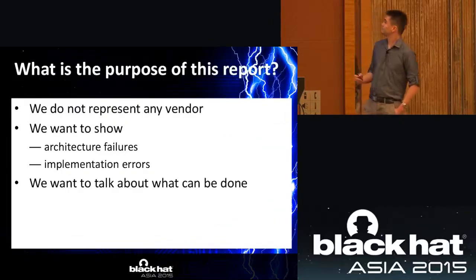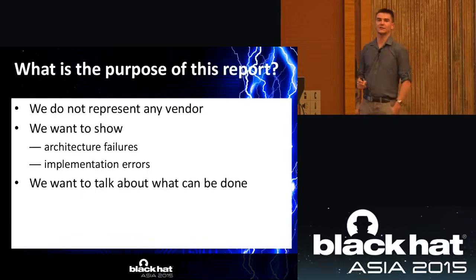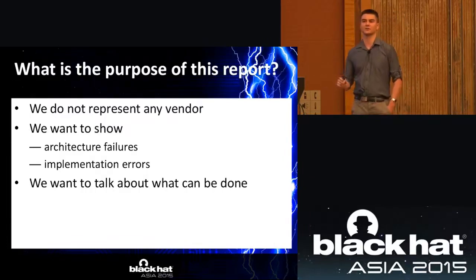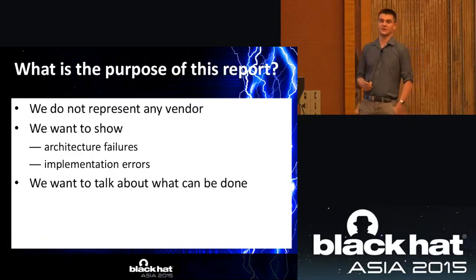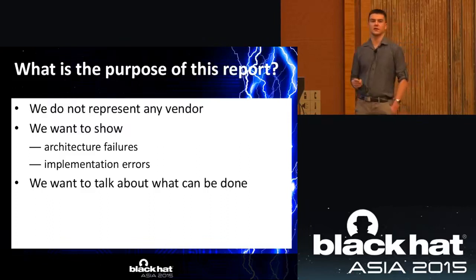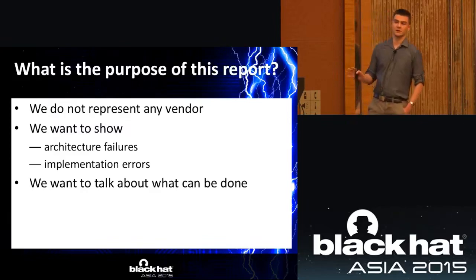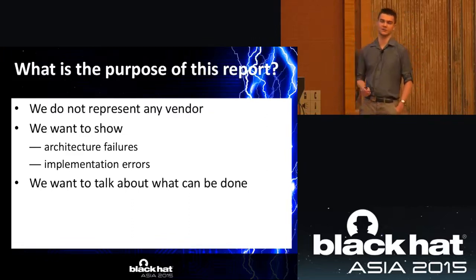Okay, the last thing I want to say is that we do not represent any vendor. We contacted all the vendors in whose solutions we found vulnerabilities. Some of them accepted it and said, okay, you're right, you found some vulnerabilities. Most of the vulnerabilities we found were architectural problems and implementation errors. So no matter what behavioral methods and marketing magic is going on, we found real implementation errors.